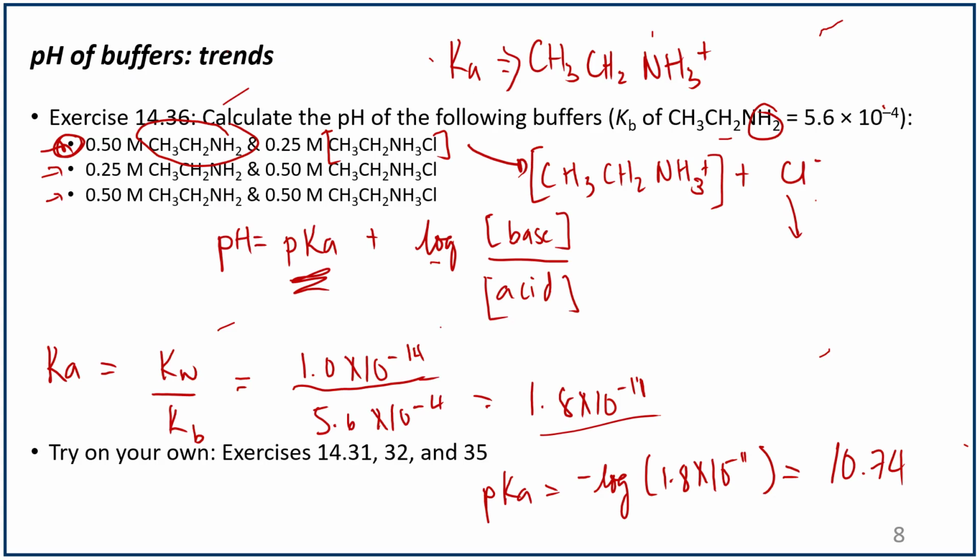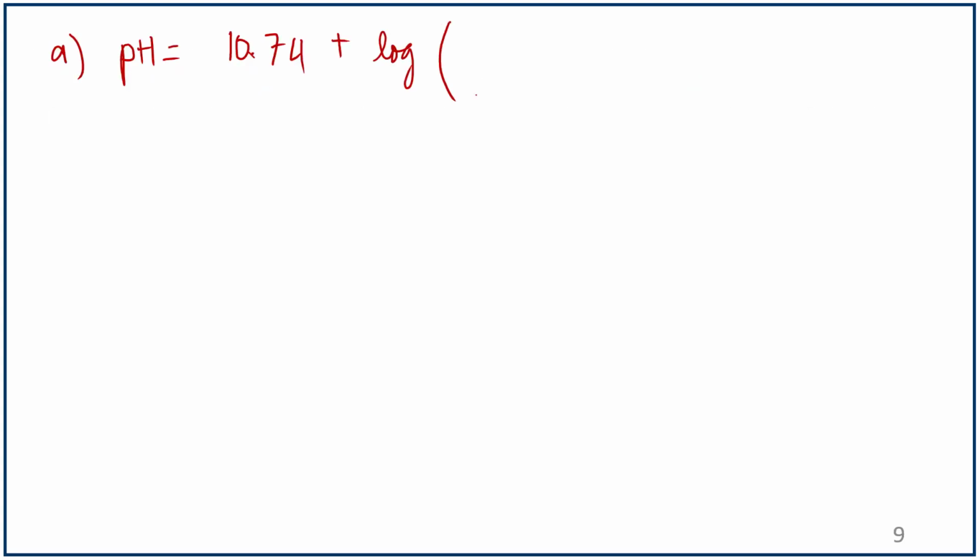For letter A, again using the Henderson-Hasselbalch equation, pH is equal to 10.74, which is what we just calculated earlier, plus log of the concentration of ethylamine, which in that case is 0.5 molar, over the concentration of ethyl ammonium chloride, which is equal to the concentration of ethyl ammonium ions, 0.25 molar.